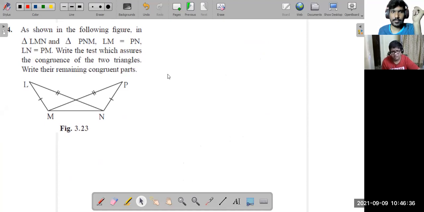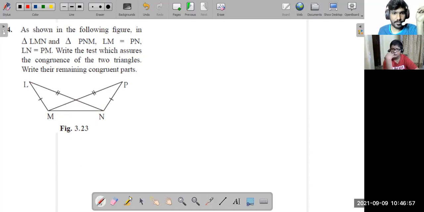Side angle side. Which angle can you see congruent? I can't see any angle. Can you see any angle that is given? There are two triangles only.